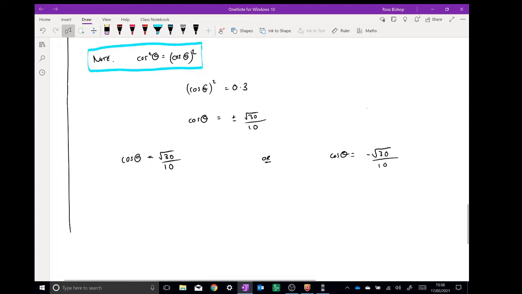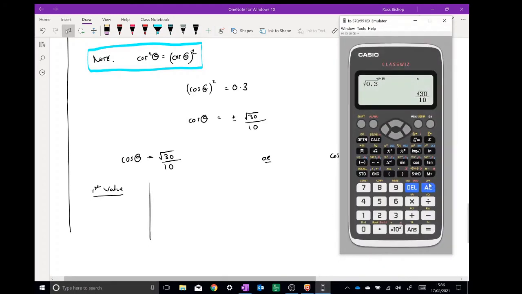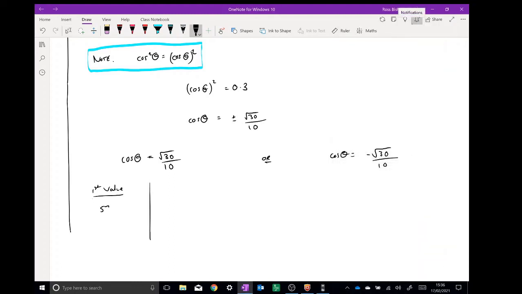So the first value, remember, first value I get from the calculator, and I'm going to actually draw this as a table to help keep it all neat and tidy. So I'm going to go shift cos answer, because that was root 30 over 10, and I get my first value is 57 to 2 significant figures, 57 degrees.